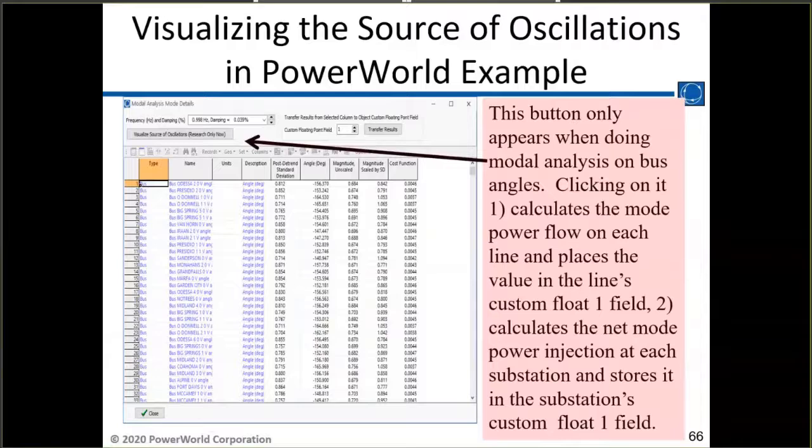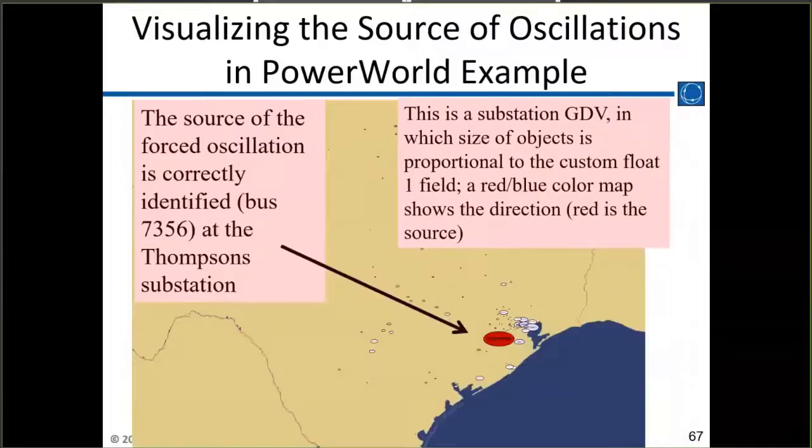Everybody get that? It's not a test at the end, but it's at least written down, okay? And then what you can do is, if you have a substation GDV, which we just created, and you visualize this field, the source of the oscillation pops up.